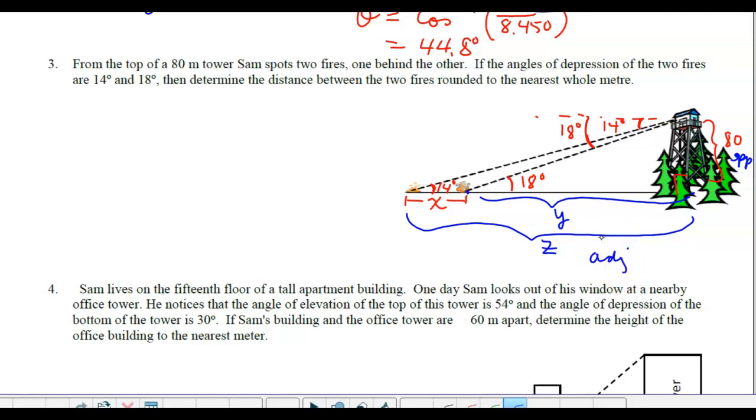We don't care about that hypotenuse, it's in the air, it's not even measured. So opposite and adjacent is tan. So tan of 14 degrees equals 80 over Z. So Z equals 80 divided by tan of 14.